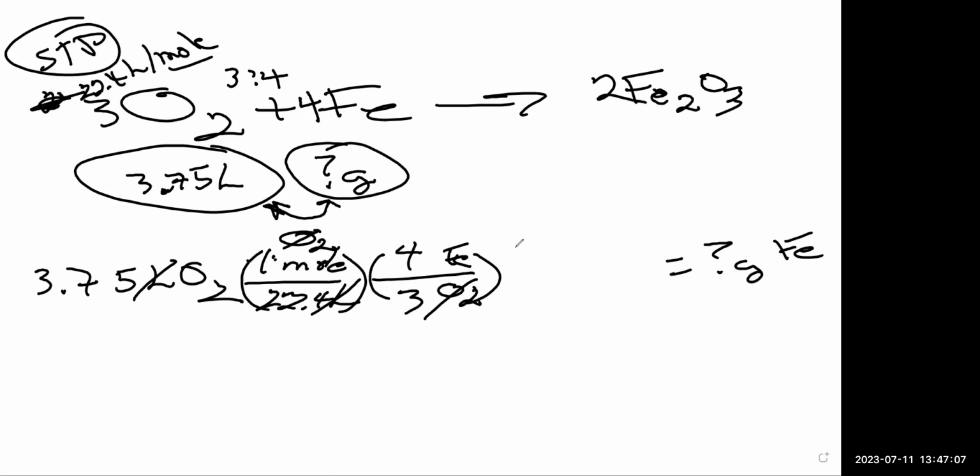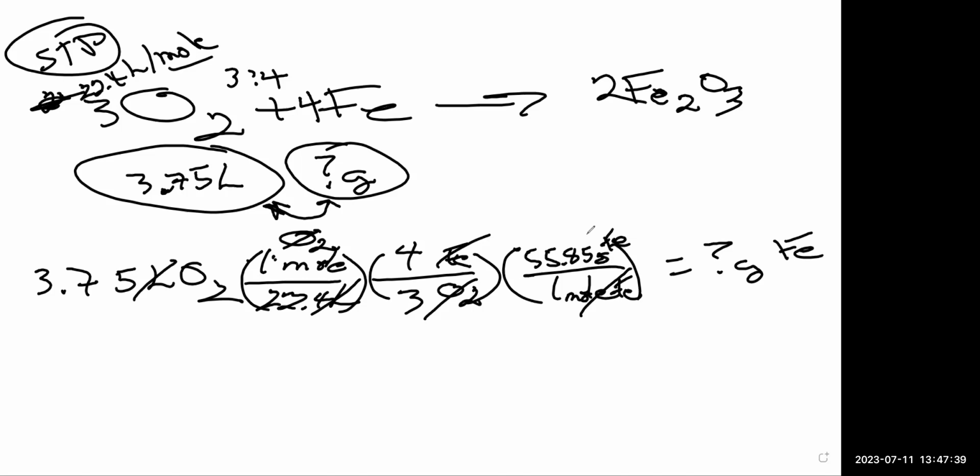So our final conversion factor is the atomic weight of iron, which is 55.85 grams of iron for 1 mole of iron. And notice we cancel, keeping track of our units. Our moles of iron cancel, leaving us with grams of iron.